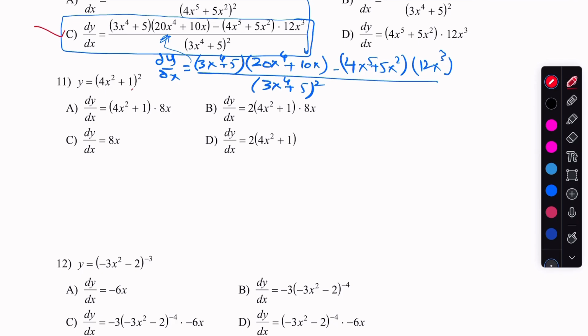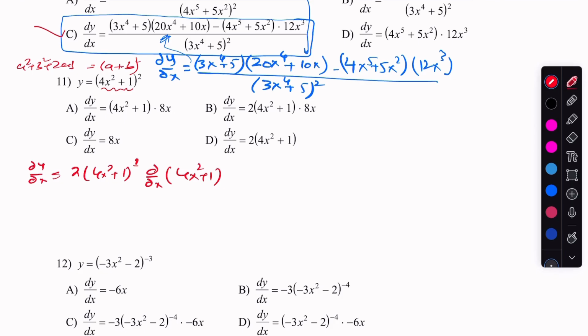this we can solve by two methods. Either you choose a formula (a plus b) whole square, open it, a squared plus b squared plus 2ab, and then solve it. Or you can apply power rule, which is dy by dx. Apply the power rule on that, so power will come first, and you take minus 1, and then you again differentiate the function.